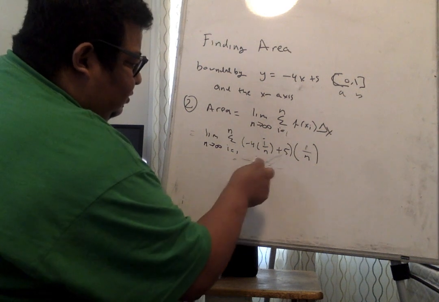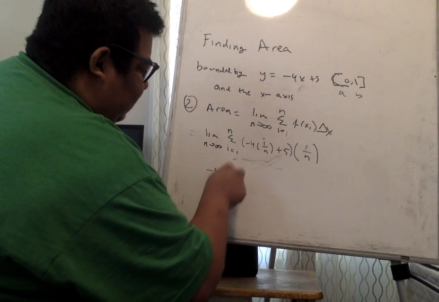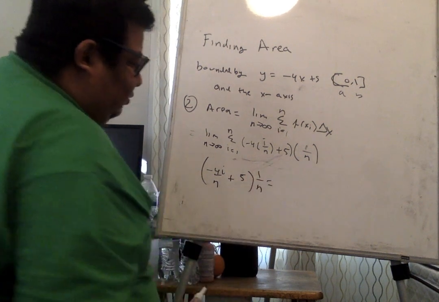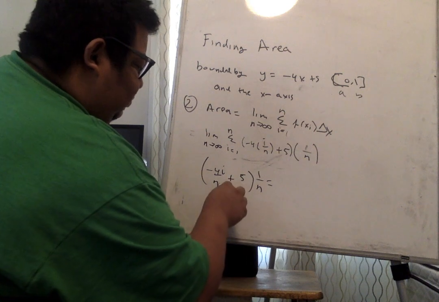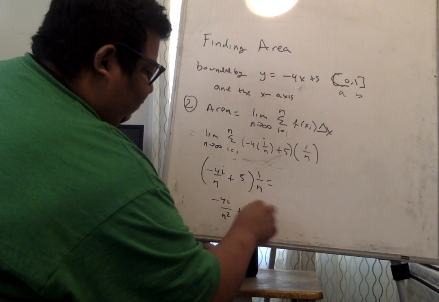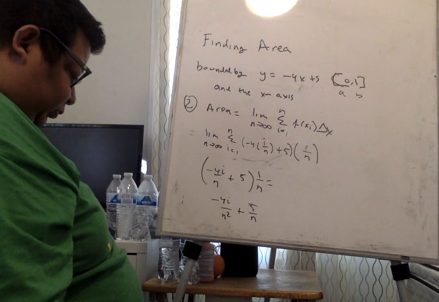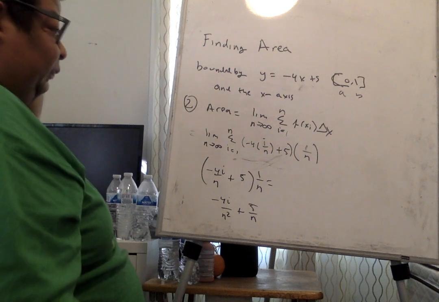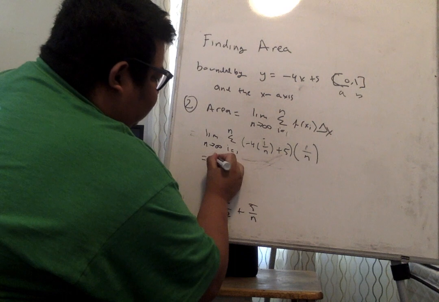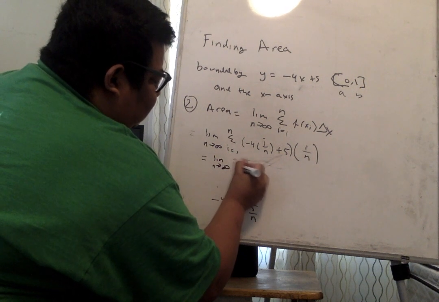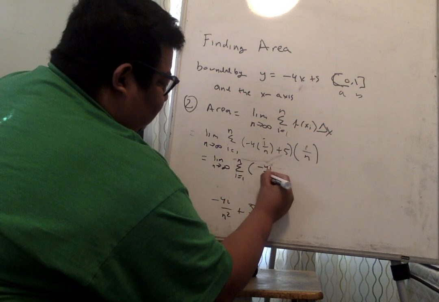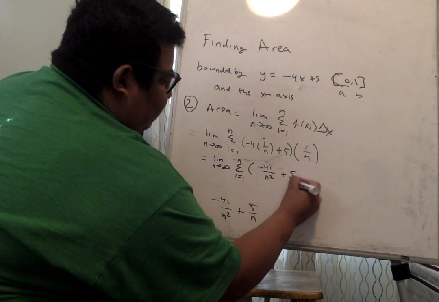That would be equal to negative 4 i over n plus 5, multiplied times 1 over n, so this becomes negative 4 i over n squared plus 5 over n. Now let's look at how we're doing here: the limit as n approaches infinity of the sum from i equals 1 to n of negative 4 i over n squared plus 5 over n.